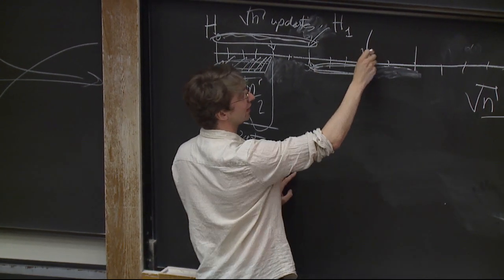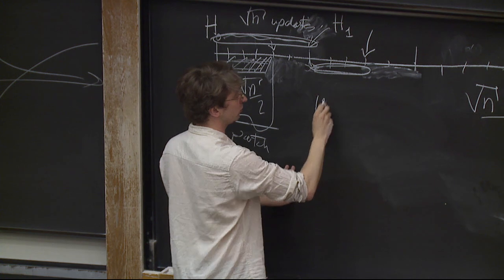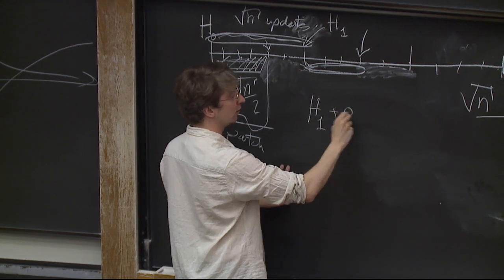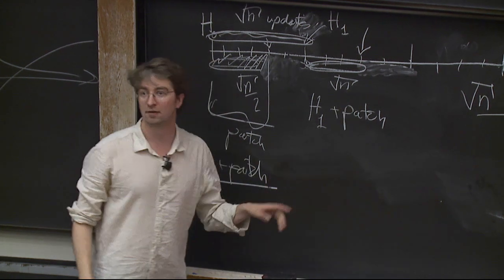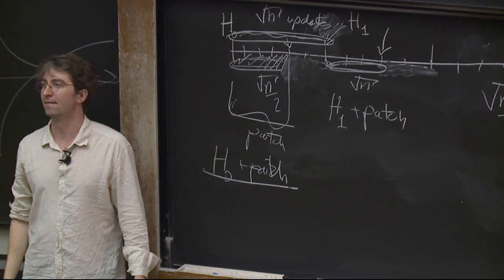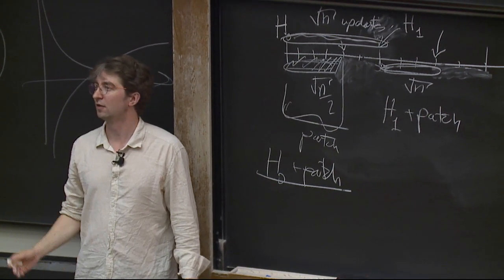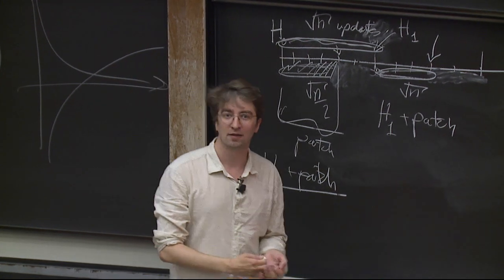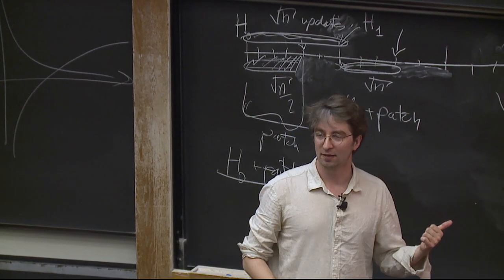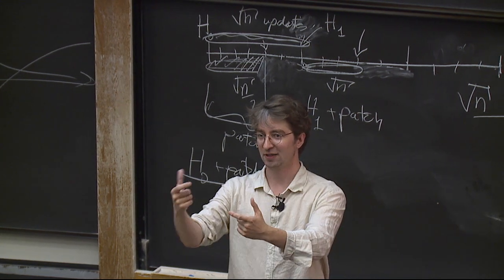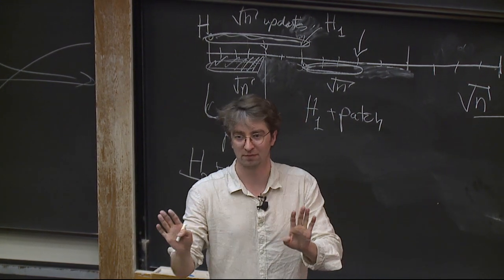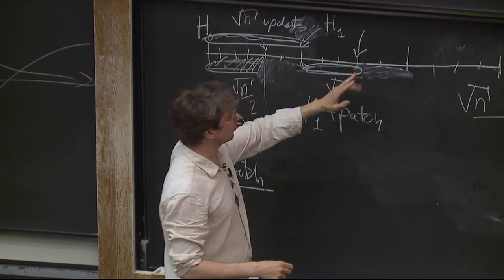So when I get this update, I'm going to do h1 plus a patch of size at most square root n. Okay? So we're patching h1. Now we have h0, patch h1. So we have 2 patches. Okay? But we never go above 2.